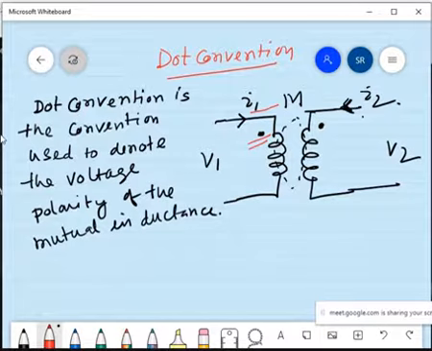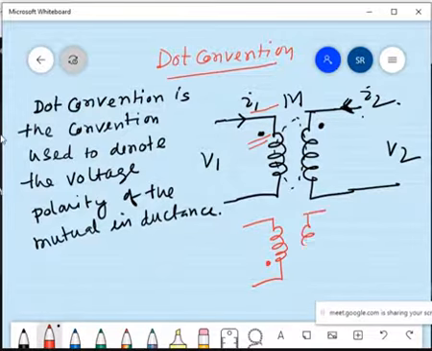And second, if the current leaves the dotted terminal of one coil, then the polarity of the EMF induced in the second coil will be negative at the dotted terminal of the second coil.